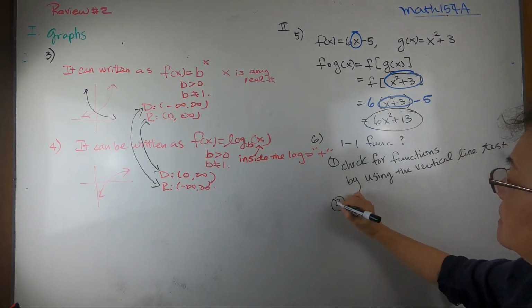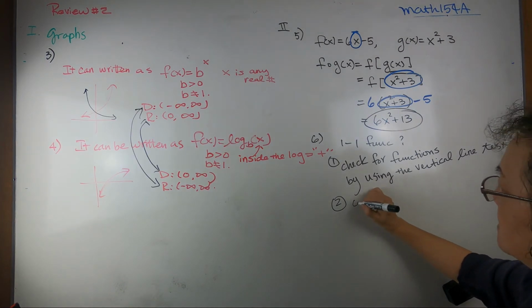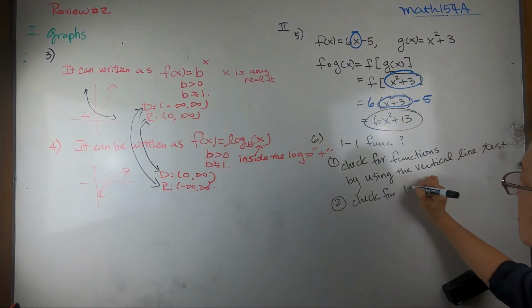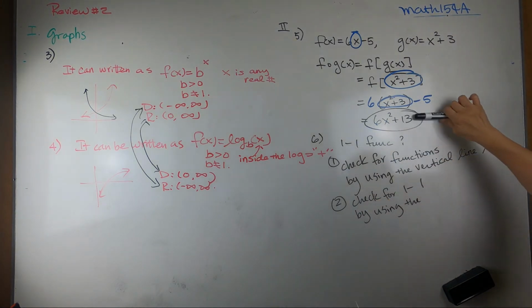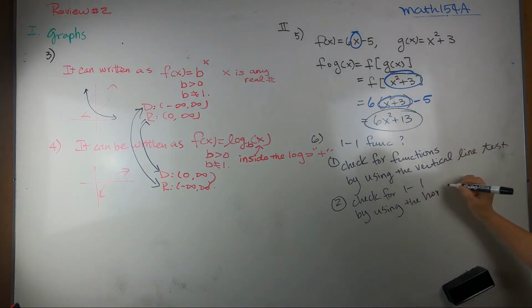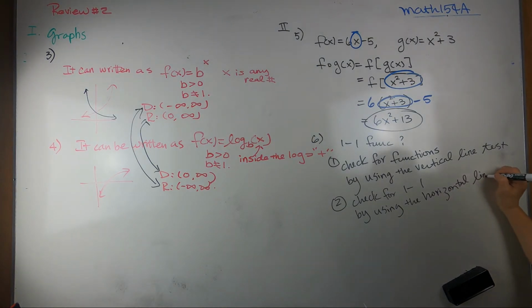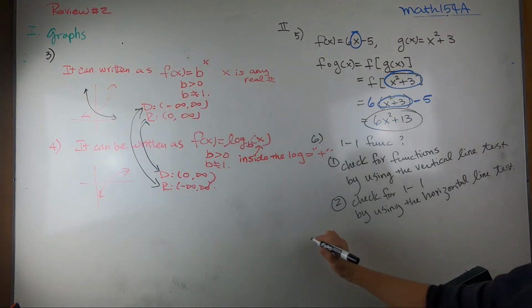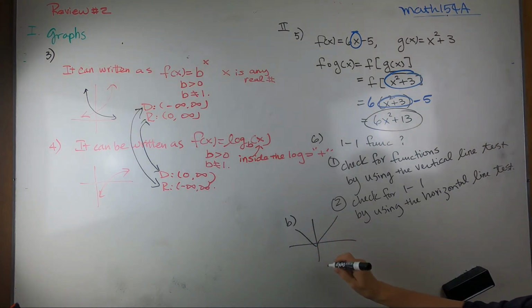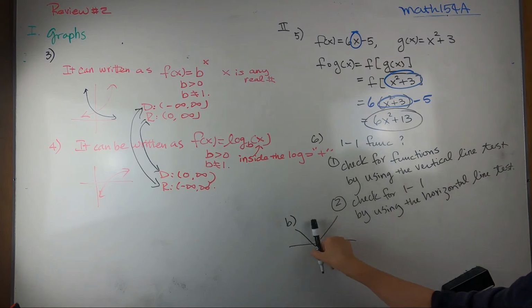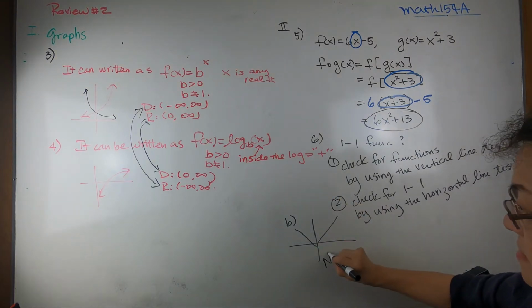Then further, to do the one-to-one, we check by using another one, which is what? Horizontal line test, right? We did this. Okay? Then let's do it. Is this a function? Yes. One-to-one? No.